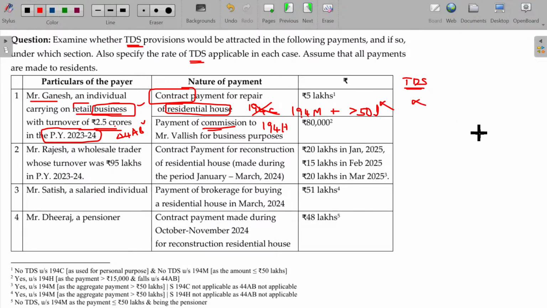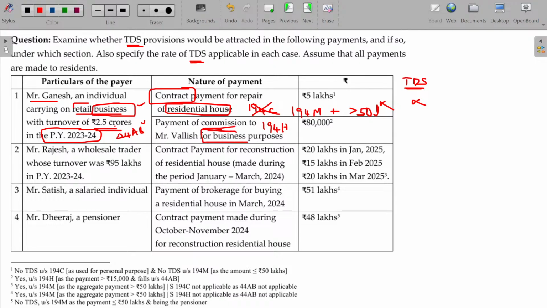Not applicable here. 194C is not applicable, though he falls under tax audit, because the purpose of this 5 lakh spending is residential. So 194C will not be applicable. Okay, as he escaped, can we cross verify whether he will fall under 194M? No, sir, he also does not fall, because 194M says up to 50 lakhs not taxable. Here the value is 5 lakhs only, not taxable.